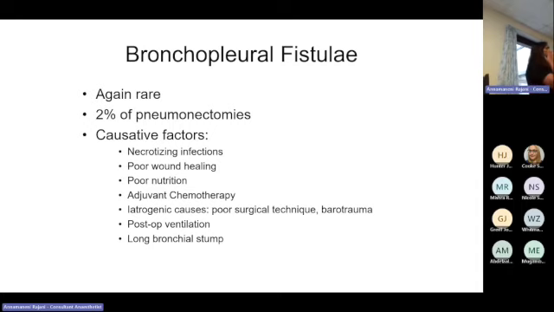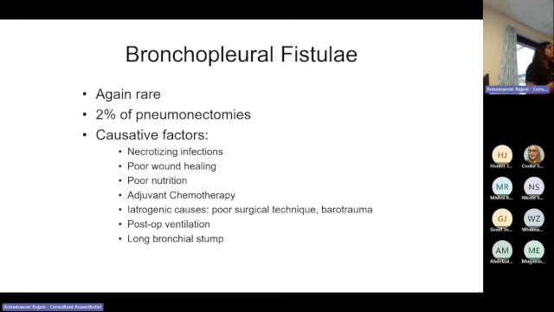So you could have somebody who's had, as we do quite a lot of chemoimmune therapy now, chemotherapy or adjuvant therapy, or a long bronchial stump, because the perfusion to that stump can be compromised. A shorter stump is easier to maintain vascularity than a longer stump.